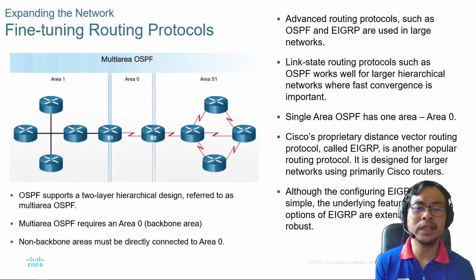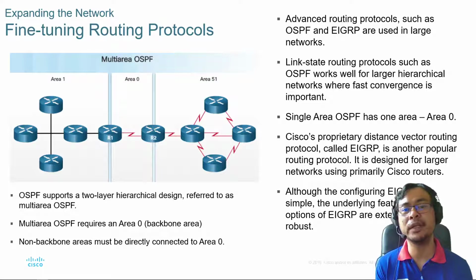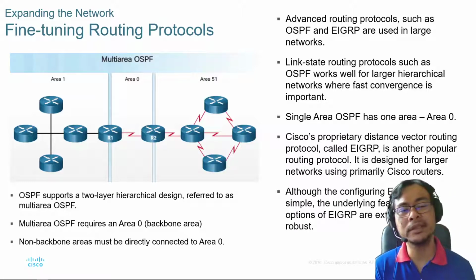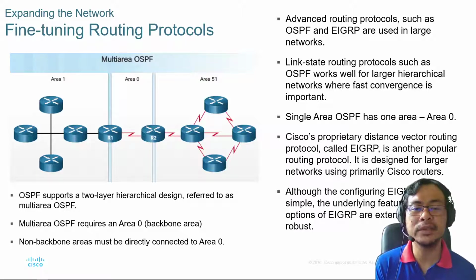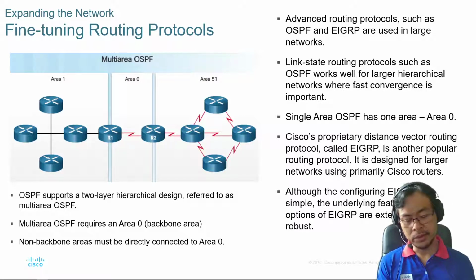So meron tayo sa link state, which is the OSPF, and sa distance vector meron din naman tayo, which is the EIGRP. And the good thing is hindi na proprietary ang EIGRP, it's already declared by Cisco, free na siyang gamitin. So non-Cisco devices can already use EIGRP. So meron tayong single area, multi-area, etc.